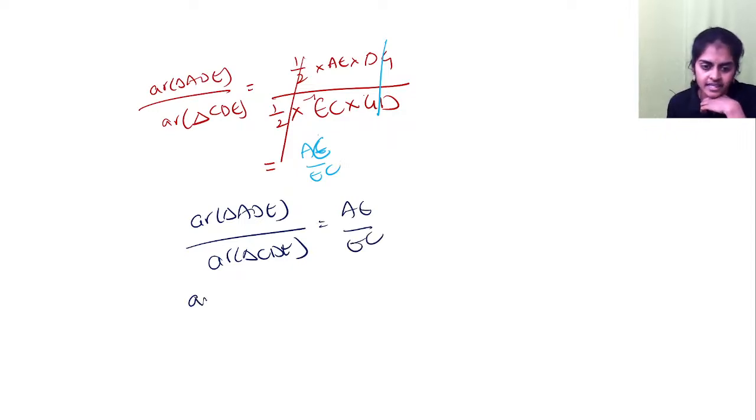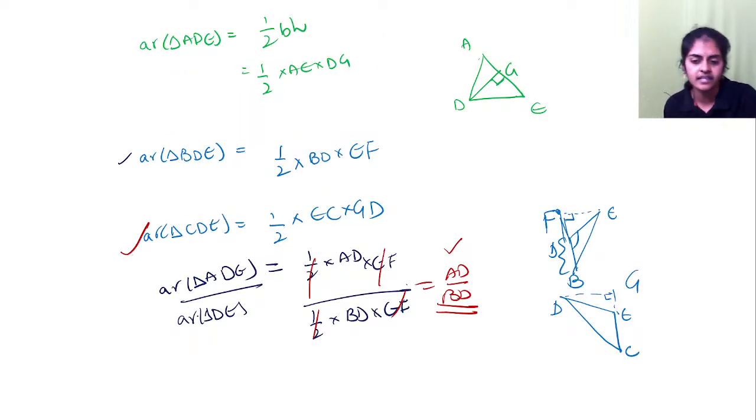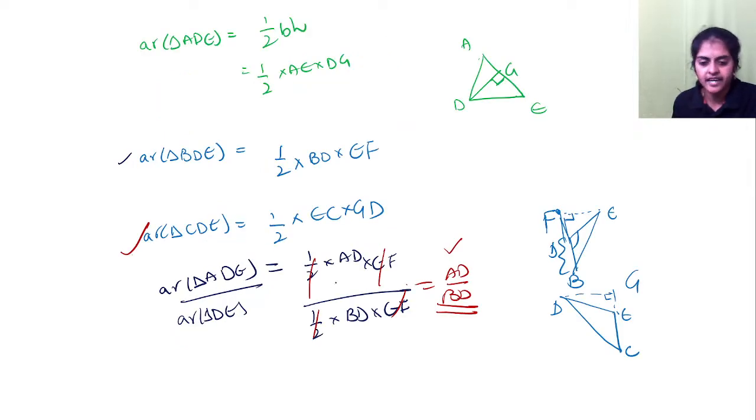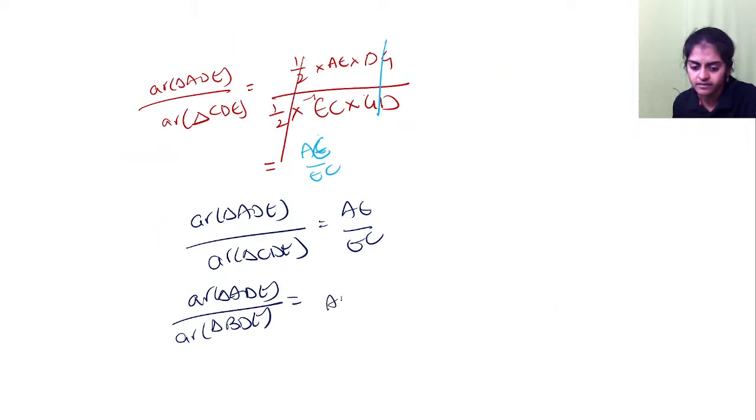Then the area of triangle ADE divided by area of triangle, let's take BDE, BDE is equals to AD by BD.